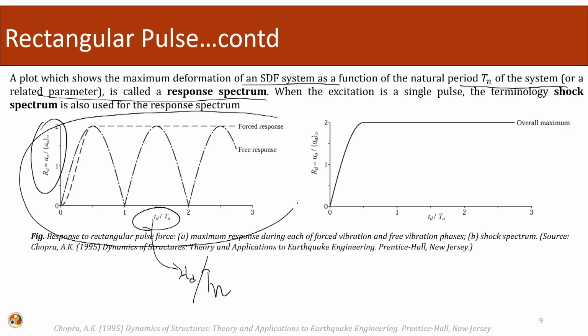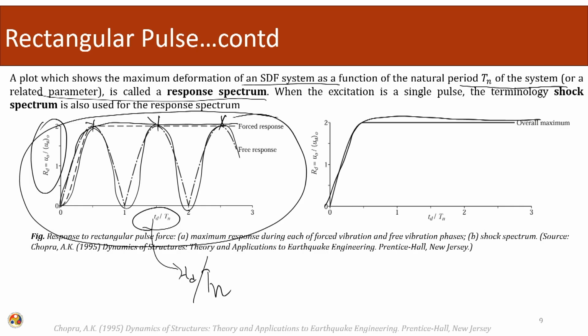This outer curve is the forced response spectrum, and this is the free response spectrum, and this is the overall maxima, because the overall maxima is occurring here. So this is the total envelope of the response spectrum.